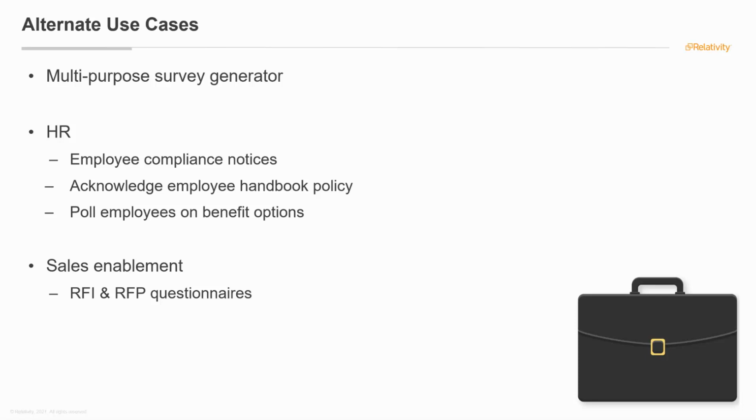So there are several different use cases. Of course, as we talked about at the beginning of the class, a legal hold is typically in anticipation of a litigation or an investigation, but really the tool is multi-use. You can use it for all of these different types of use cases as well.